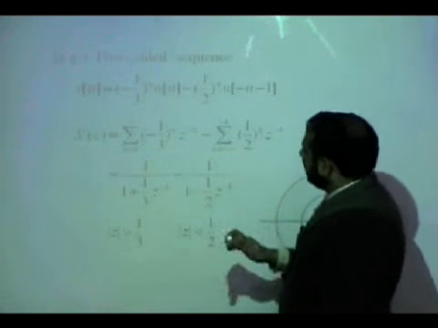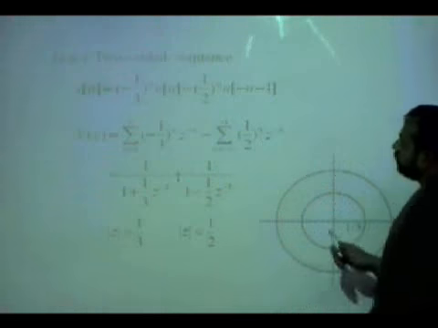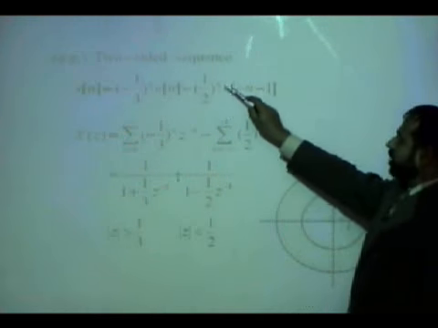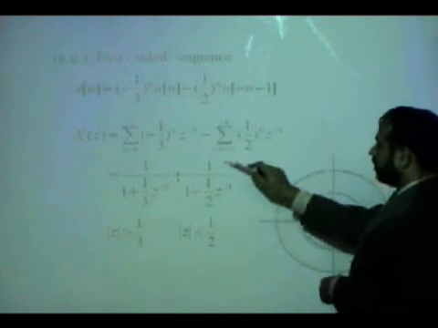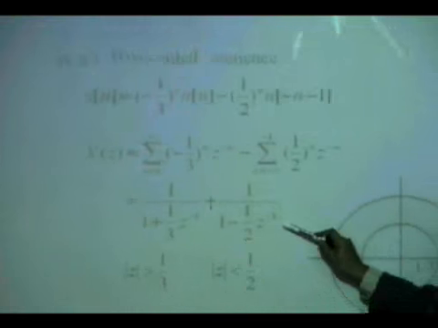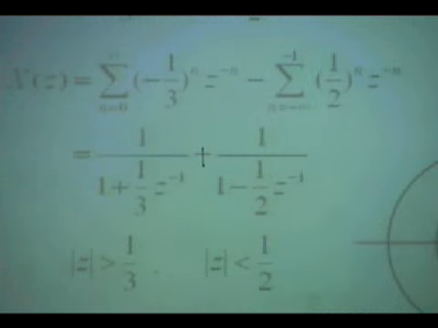The negative sign goes with this sequence, and the other has Z transform 1 over 1 minus 1 over 2 Z inverse. In this case what is the root? Minus 1 over 3.